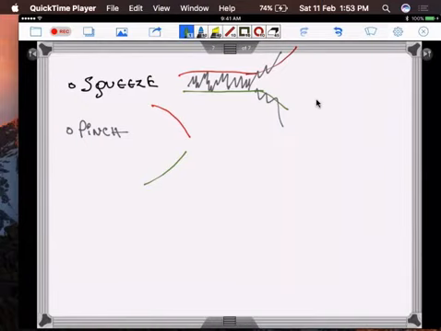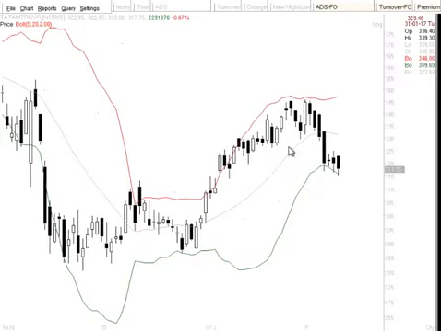When it's a pinch, it is a sure shot that there is going to be a move very soon. Which direction? Again, you don't know. So, if prices are coming down and it's a pinch, then high probability it can continue on the downside or on the upside. But the pinch means very soon, sooner or later there is going to be a move.